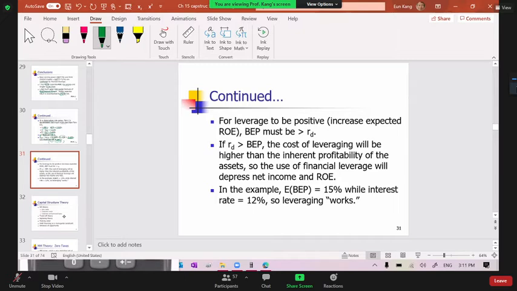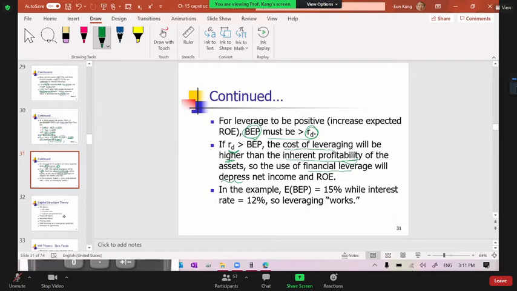Then why did the levered firm have a higher ROE? Because in this example, BEP is greater than rD. If rD is greater than BEP, then the cost of leveraging will be higher than investment profitability. So even with tax savings, the financial leverage will depress net income and ROE.